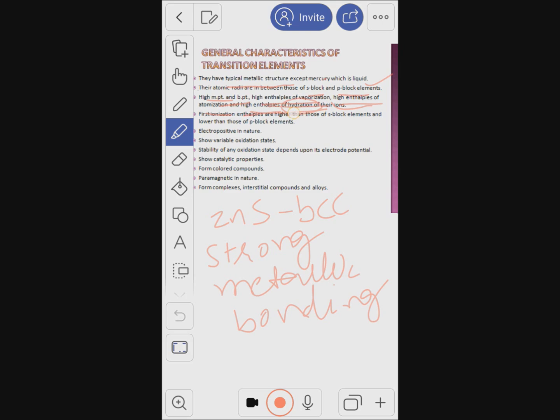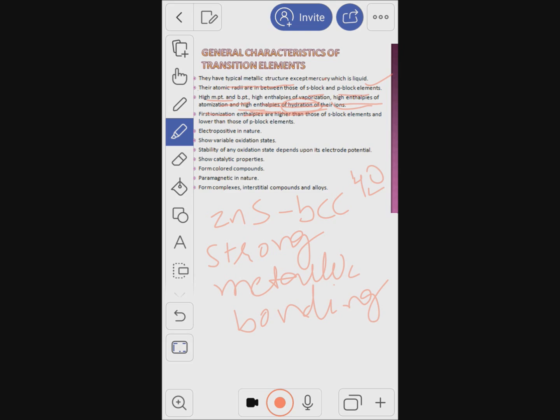Hydration word represents the water molecules, means when water molecules approach towards the cation, they require some energy, and this energy is called enthalpies of hydration, and for transition element it is also high.